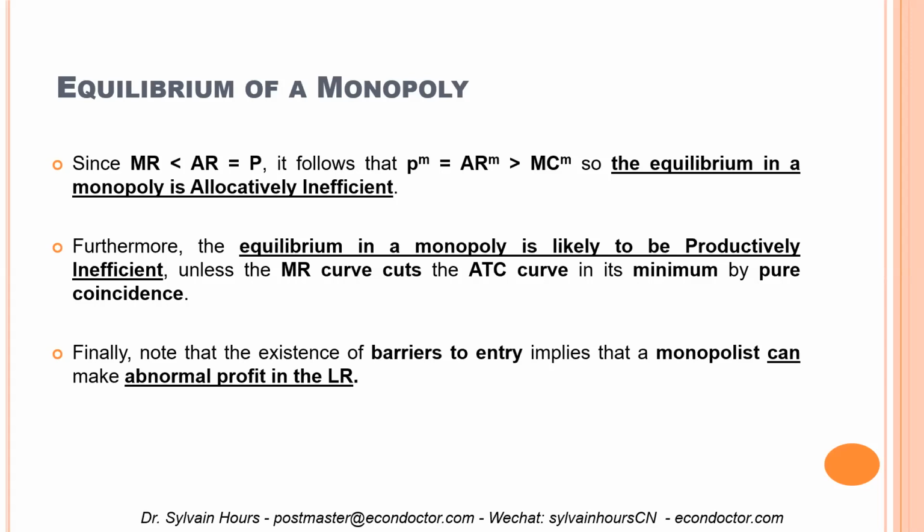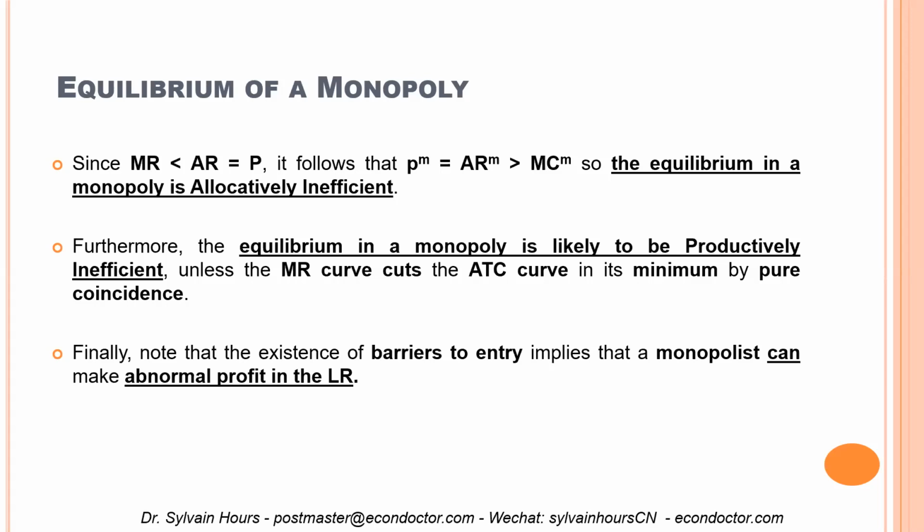The barriers to entry are so high that even if we let sufficient time to businesses to enter the market, they are unable to do so. Therefore, there is no difference between the short run and the long run, and it's not necessary to distinguish between the short run and the long run equilibrium of a monopoly.